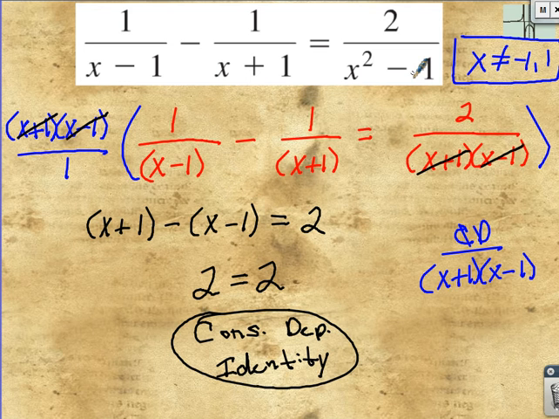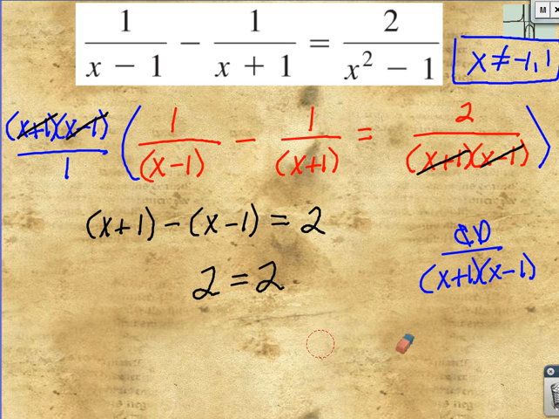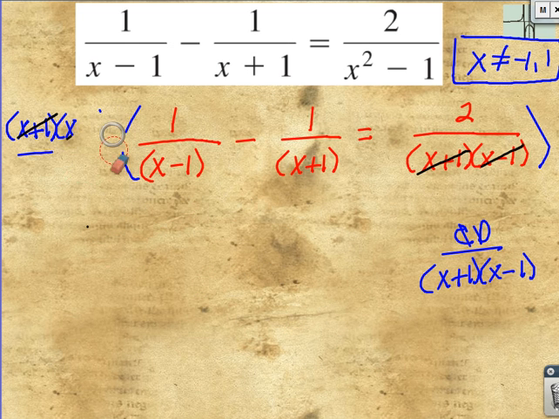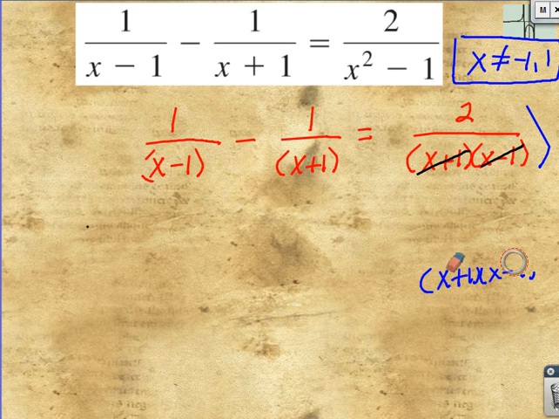Okay. Now let's go with Abby's question here. Let me just show you, and if this seems easier to you, do it this method, please. I wasn't even going to show you, but I started thinking about it. This might make more sense to some people. Common denominator, multiply top and bottom by x plus 1. Well, let me rewrite that.